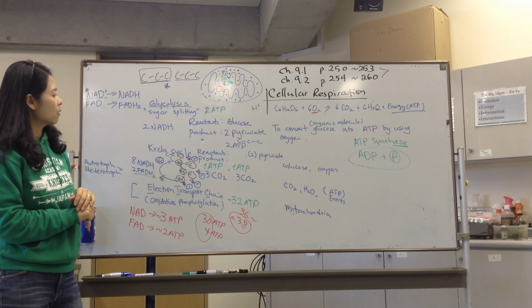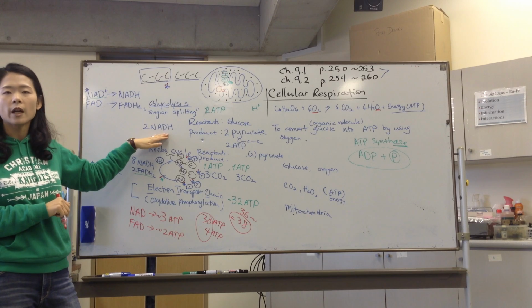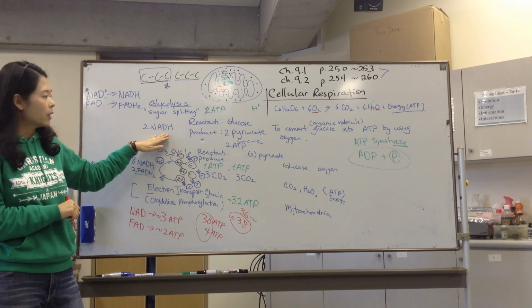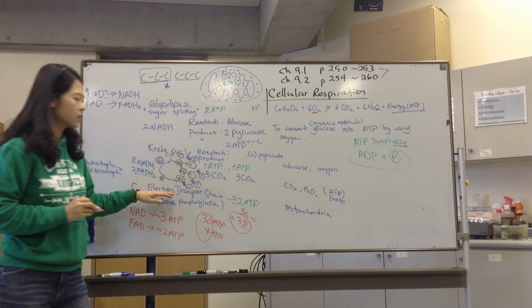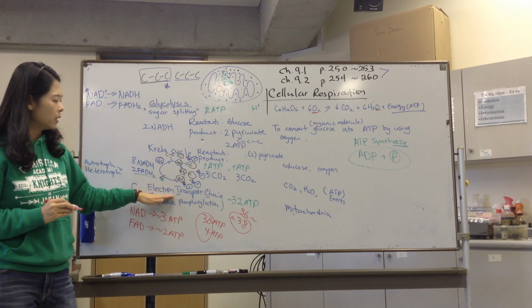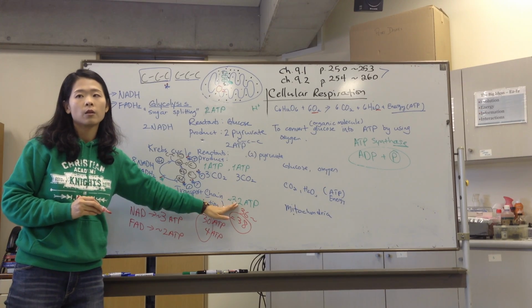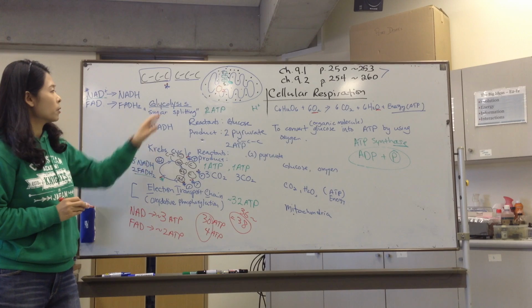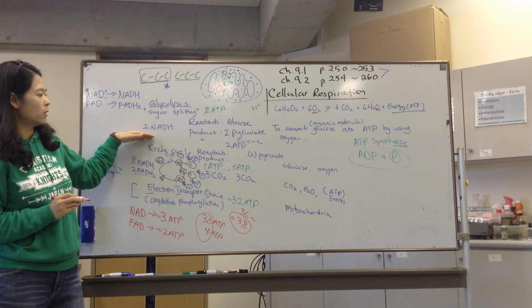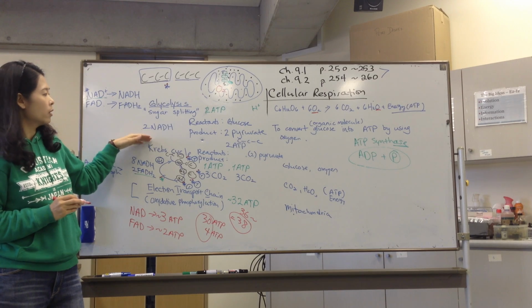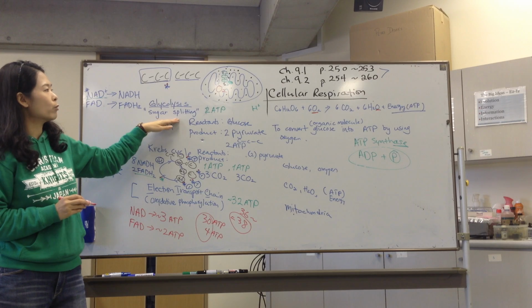Knowing that it makes these electron carriers, and electron carriers are the main players in ETC, and in ETC it makes most of the ATPs. If you were to remove oxygen, cellular respiration will stop after glycolysis, because glycolysis does not require oxygen.